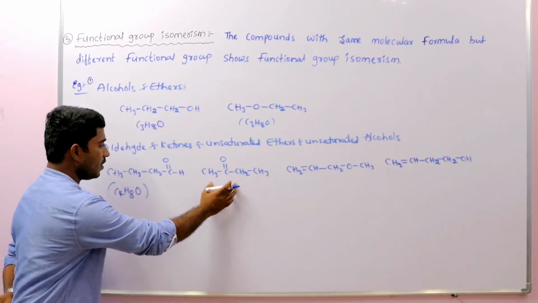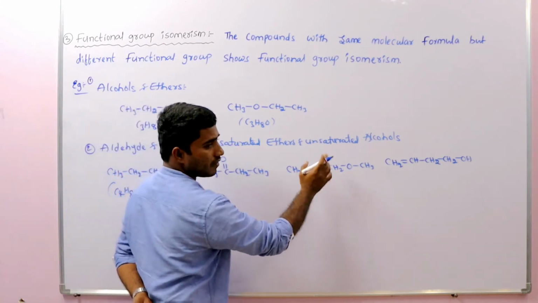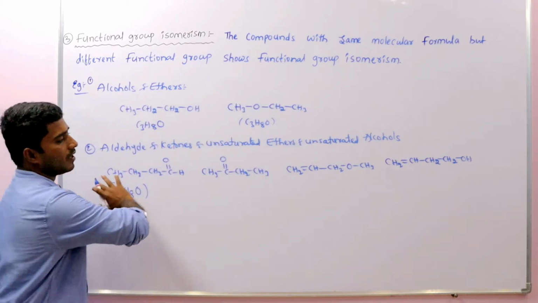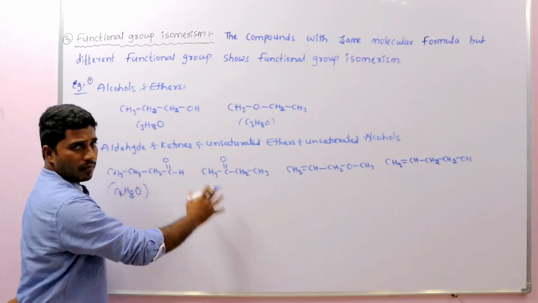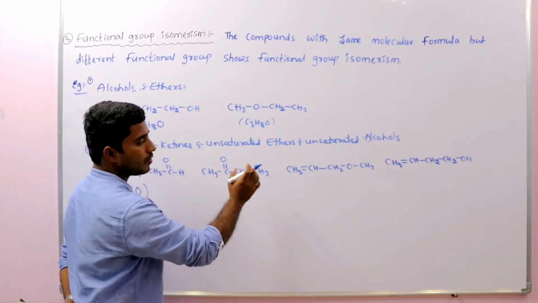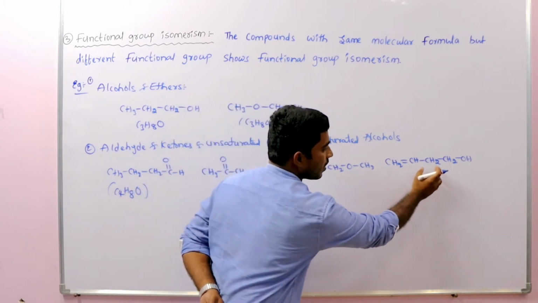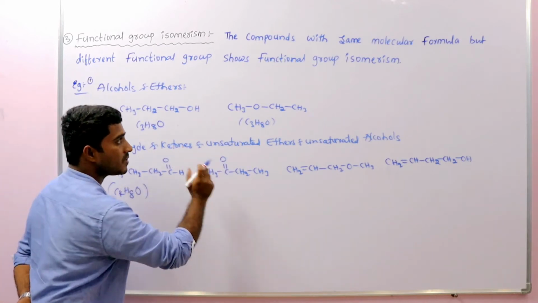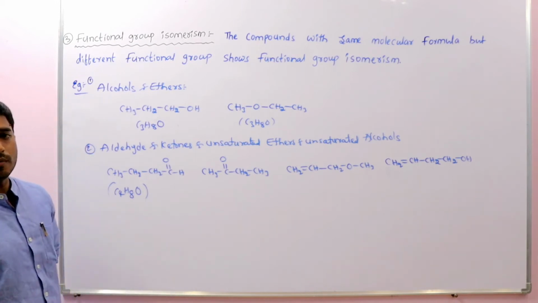Here also C4H8O, and here also C4H8O. So 4 types of molecules contain the same molecular formula but different functional groups. Here the aldehyde functional group, here the ketone functional group, here unsaturation along with ether, and here unsaturation along with alcohol functional group. So these 4 molecules come under functional group isomers, and that phenomenon is functional group isomerism.